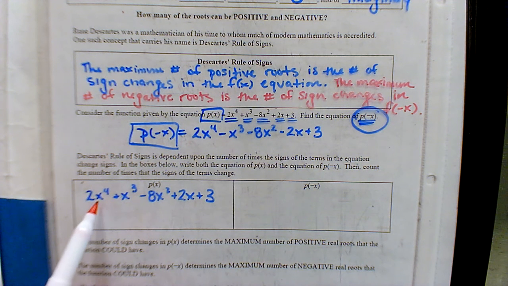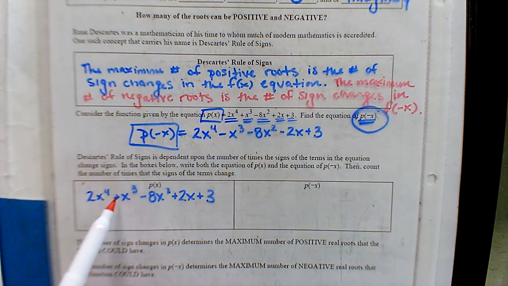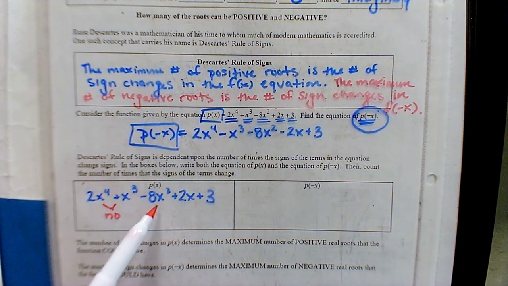If you go from 2x to the fourth to x cubed, did you change signs? Did you move from a positive term to a negative term, or a negative term to a positive term? They're both positive, right? This is a positive 2x to the fourth, and then this is a positive, you see the plus x cubed. So this is not a sign change. What if you move from x to the third to the minus 8x squared?